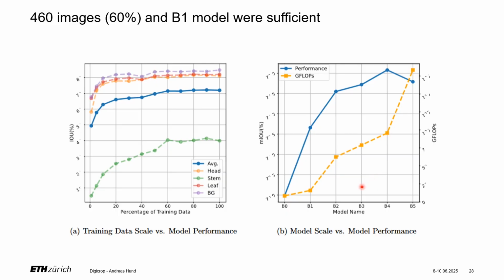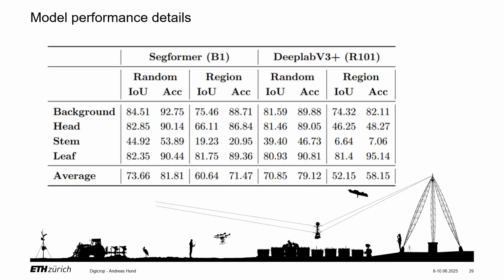When we tried to run a first benchmark model, this worked decently well for the heads and the leaves, but not so much for the stems, where you only achieved 40% of the overall intersection over union. I'm not going to the right graph.